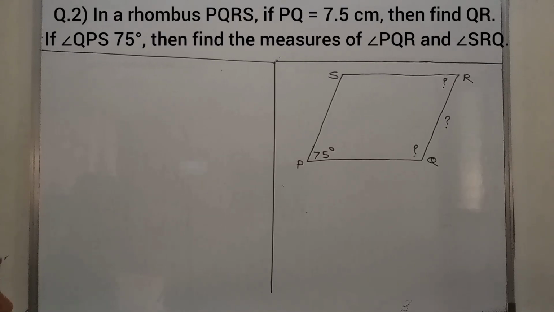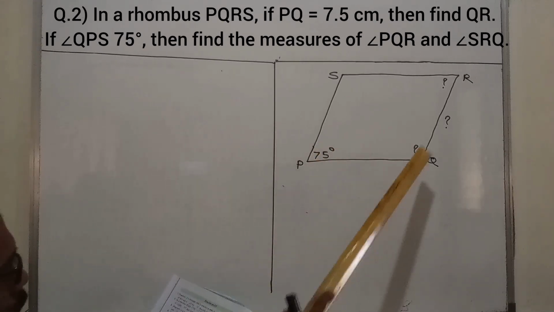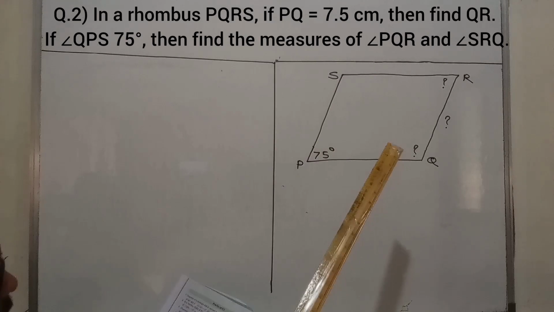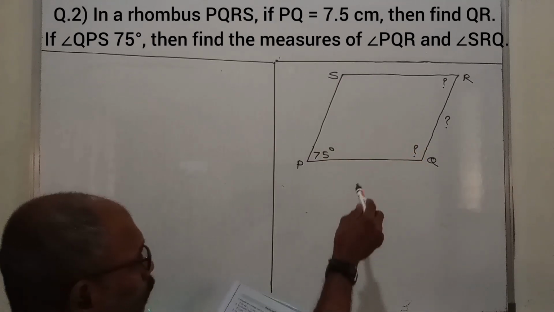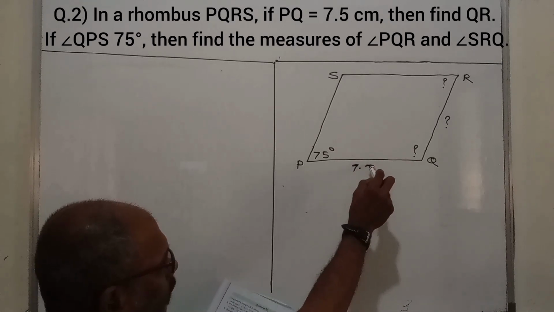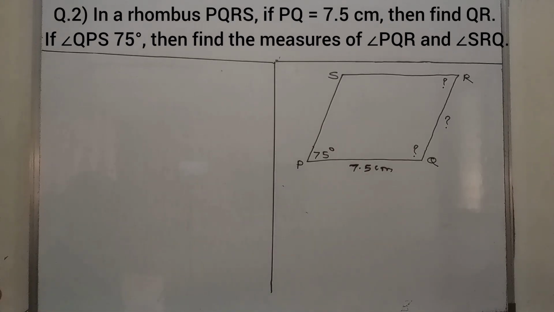Practice set 5.3, question number 2. In a rhombus PQRS, length PQ is 7.5 centimeter. Then find the length of QR.